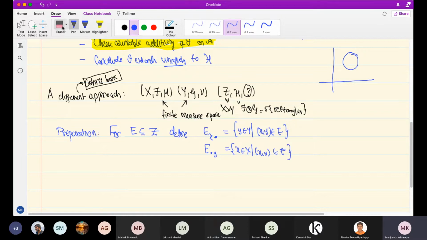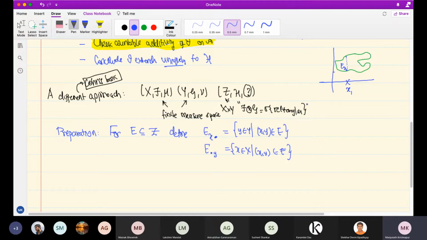Okay, so what is it actually? If you take a set here, let's say your E is some set like this. Then if I take a particular x, say x1, you look at all those y for which (x1, y) belongs to E, and then you take that set in Y. E_x1 is not a subset of the product space.